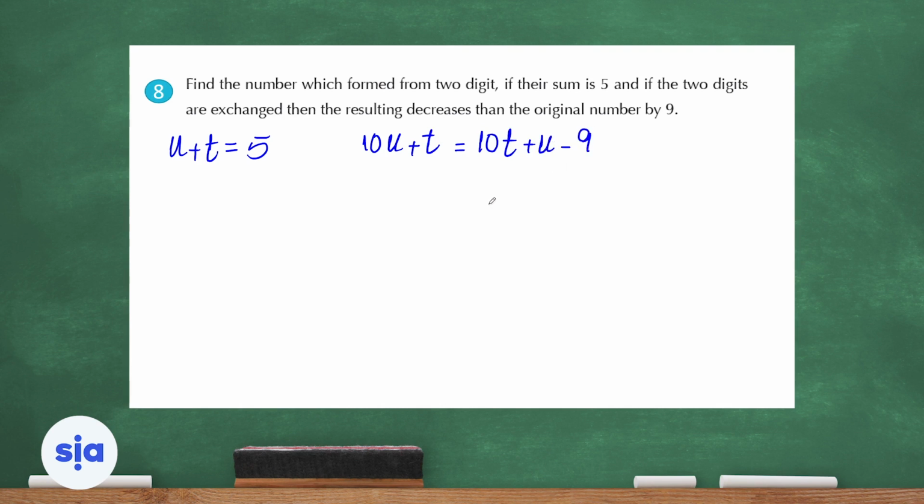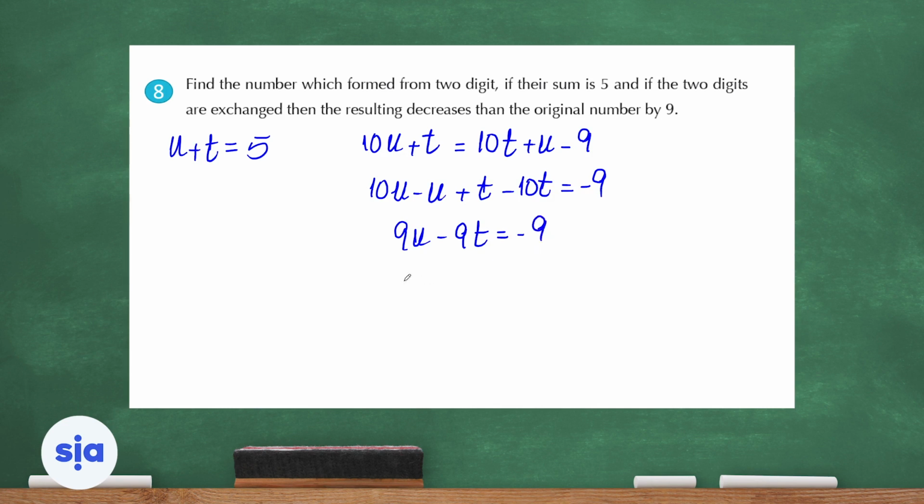minus 9. So if you combine the like terms together in here, you will see that 10u minus u plus t minus 10t equals negative 9. So 9u minus 9t equals negative 9.